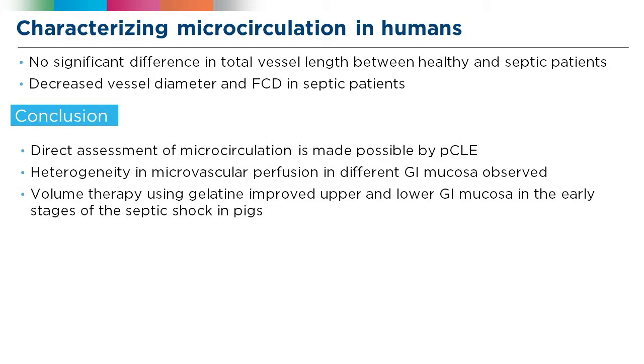So here, in conclusion, I want you to keep in mind that the direct assessment of the microcirculation is made possible using Cellvizio technology, and they could observe some heterogeneity in microvascular perfusion in different GI mucosa. The volume therapy using gelatin improved the upper and lower GI mucosa in the early stages of the septic shock in pigs.